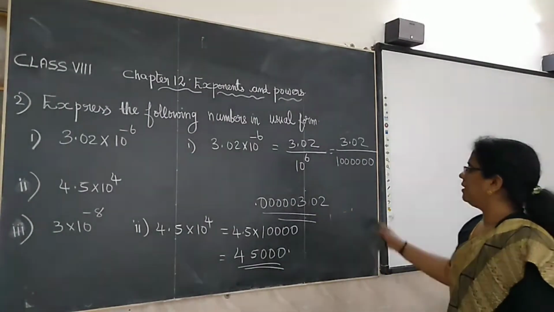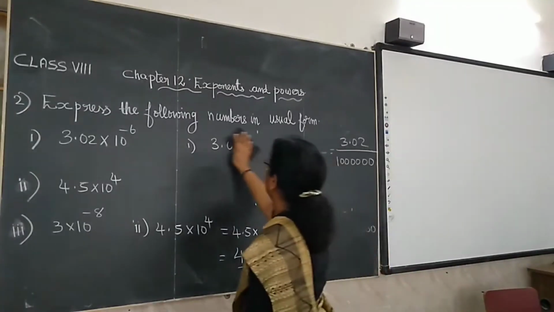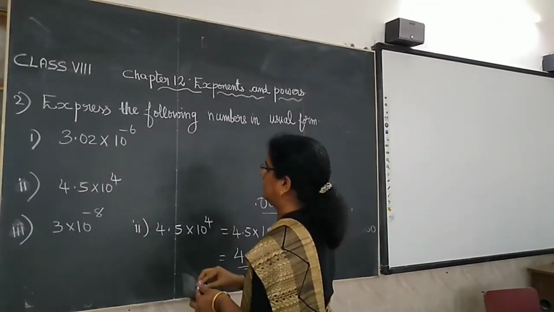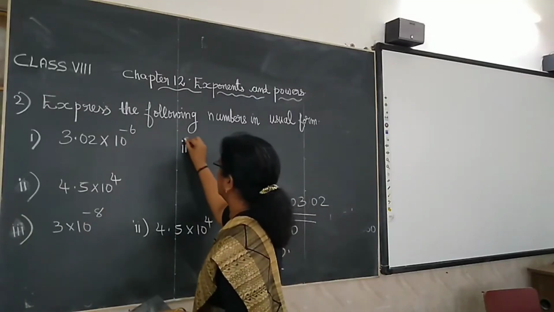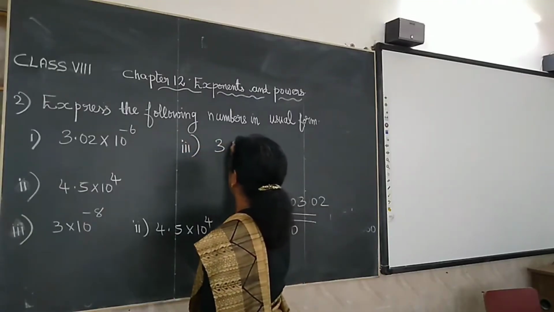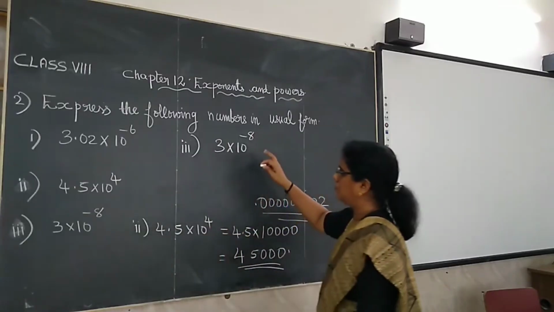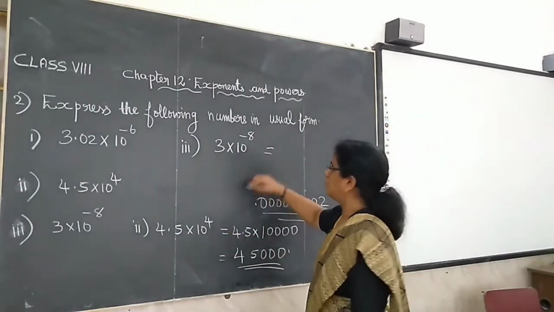3 multiplied by 10 raised to minus 8. It is the third question. First step is to make the power positive.